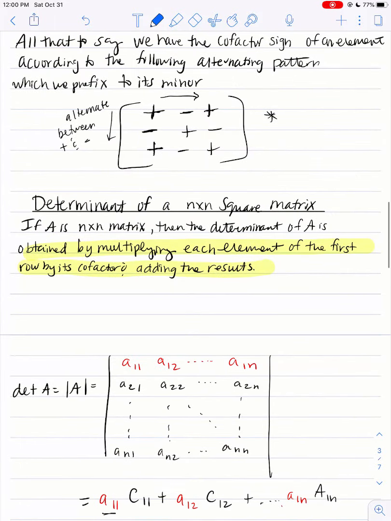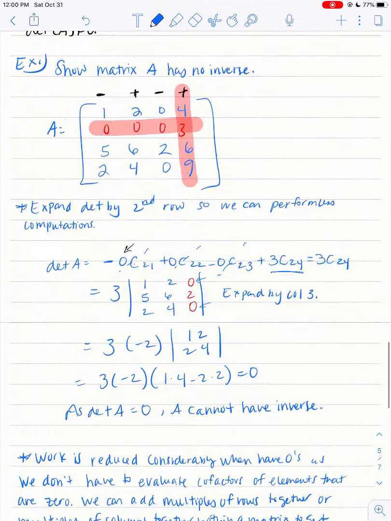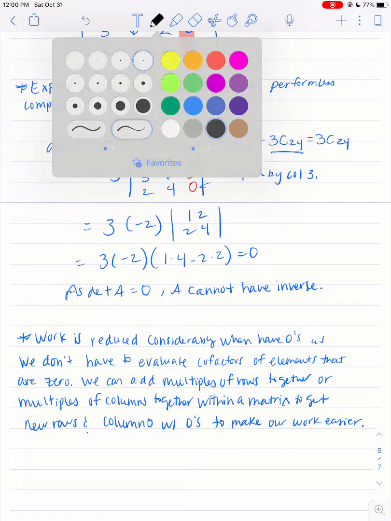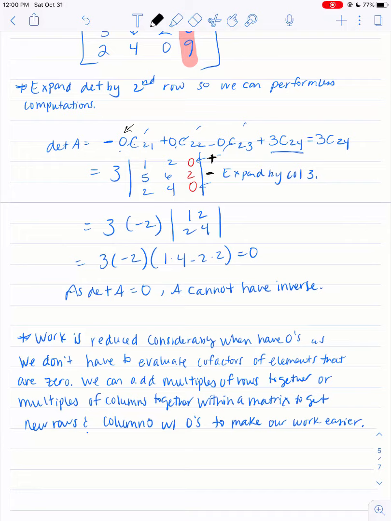Our pattern was plus, negative, plus here, so I'm going to use that pattern: plus, negative, plus. That's our cofactor sign. So it's going to be negative 2 because I'm using the element 2. Then I cancel the row that 2 is in and the column that 2 is in, so I'm left with 1, 2, 2, 4.